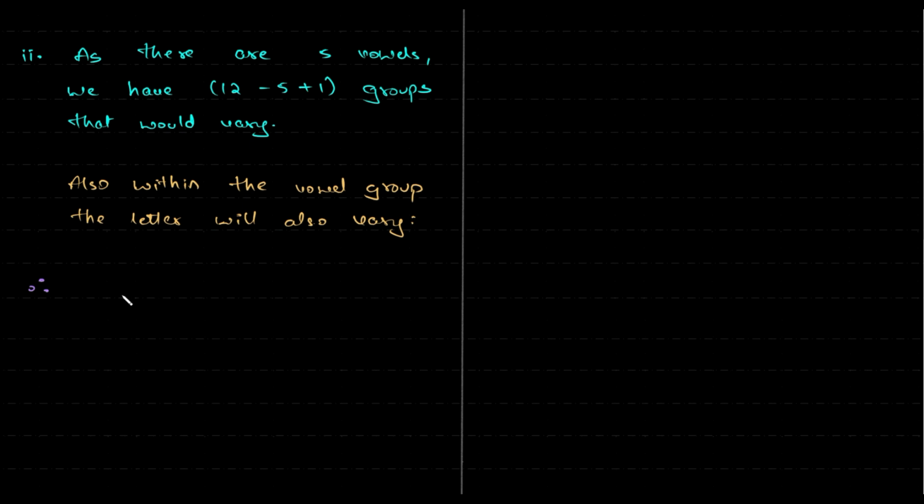We can conclude that the permutation is equal to 8 factorial divided by 2 factorial into 5 factorial. Right? So let's explain what each of this indicates. This is variation in 8 groups.